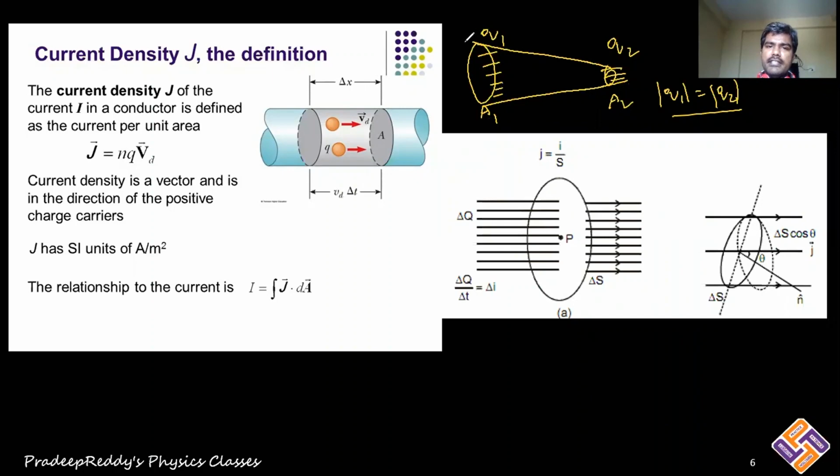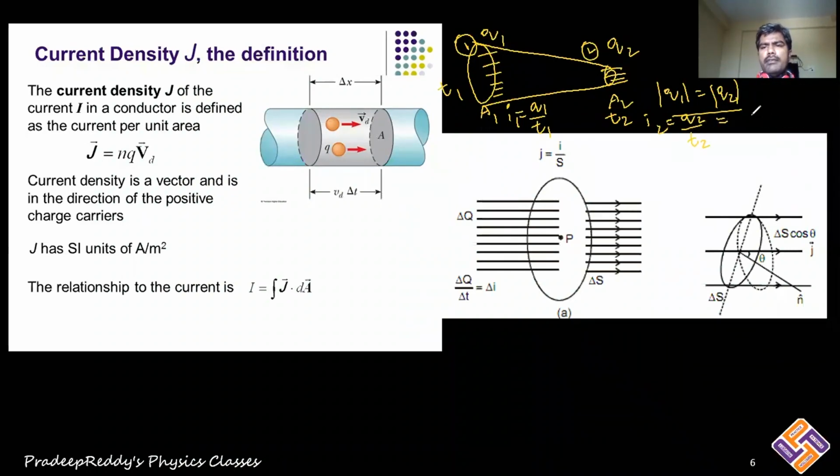Charge in region 1 flows in some particular time, say T1, and in region 2, charge flows in a different time, T2. Therefore, current here is I1, which you can write as Q1 divided by T1. Current in this case is I2, which is equal to Q2 divided by T2.